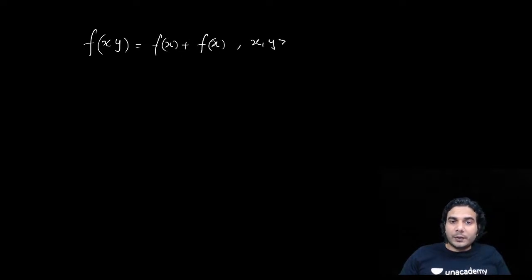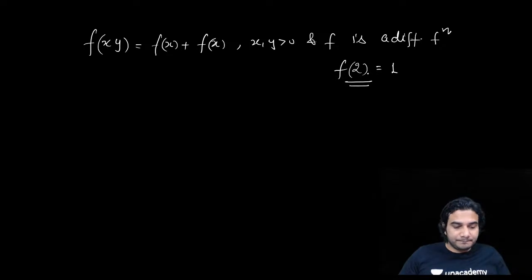Where x and y are positive numbers and f is a differentiable function such that f of 2 is equal to 1. Now let's do it.